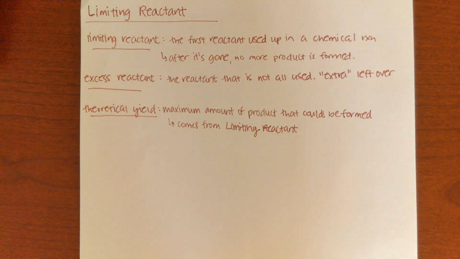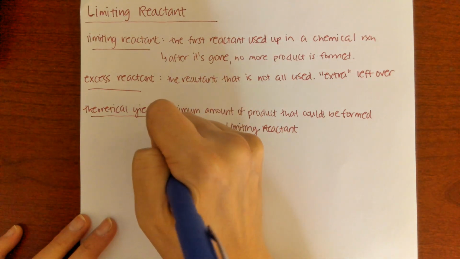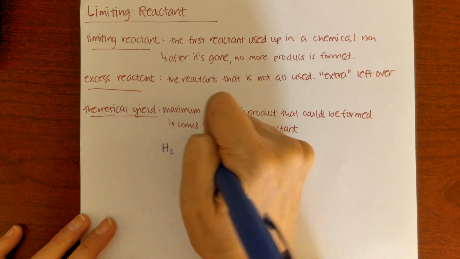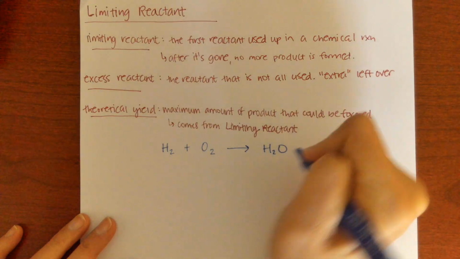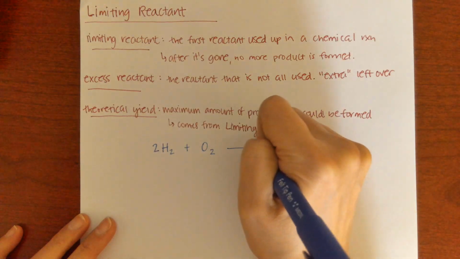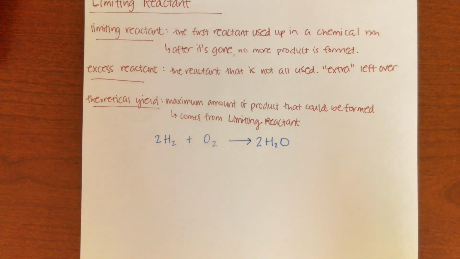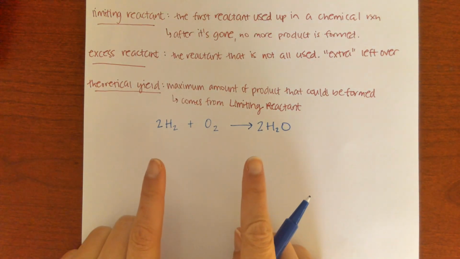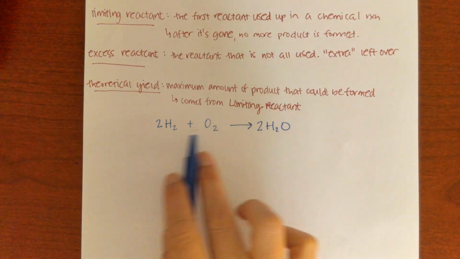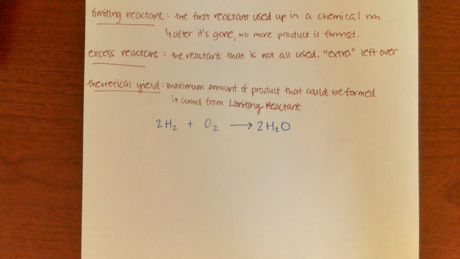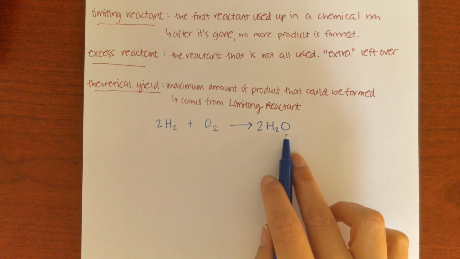So I will give you a simple example of an equation where you have, for example, the synthesis of water, and when you make water in a certain amount of grams or a certain amount of moles, one of these two reactants will run out first, and then water stops being produced.